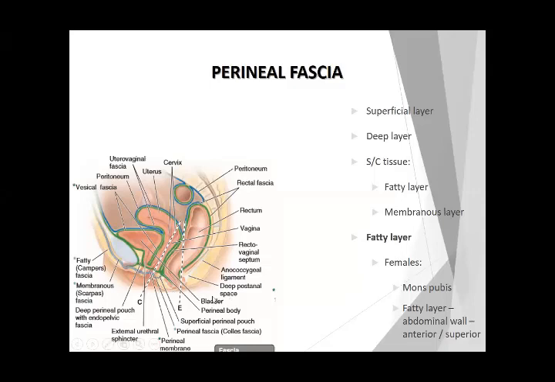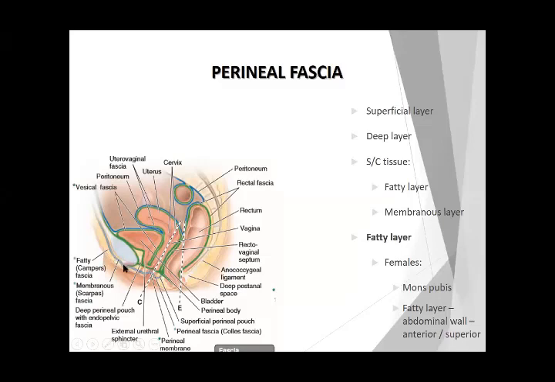Now, this is the pubic symphysis. Anterior to the pubic symphysis, we have this structure which is simply deposition of fat. This is called the mons pubis. This gives prominence to the inferior part of the pelvis.